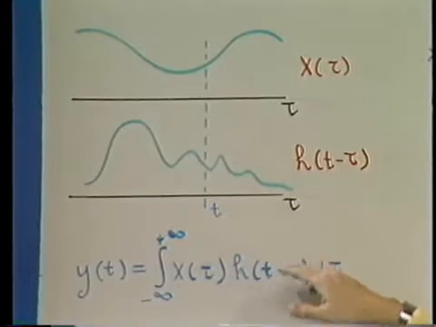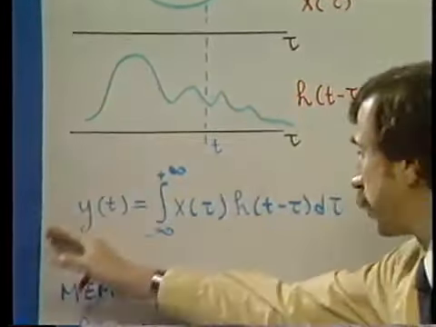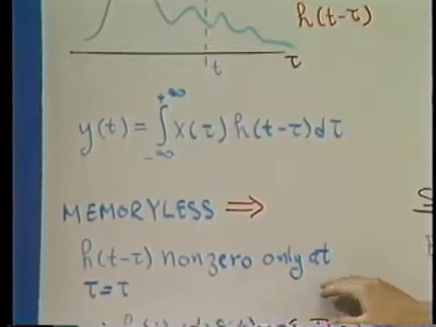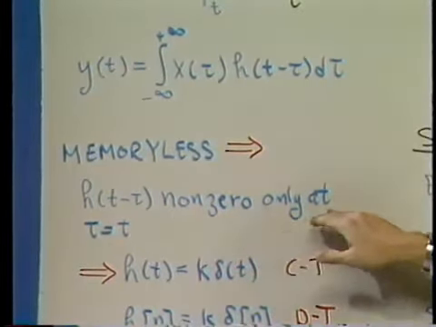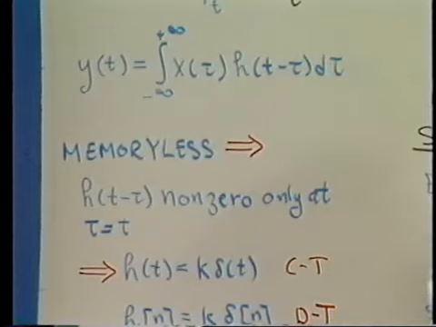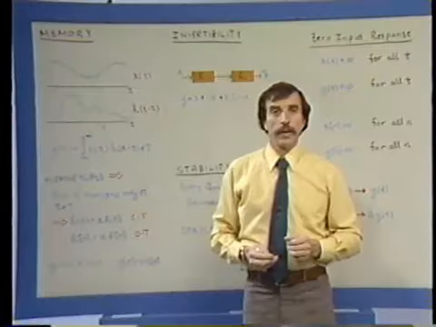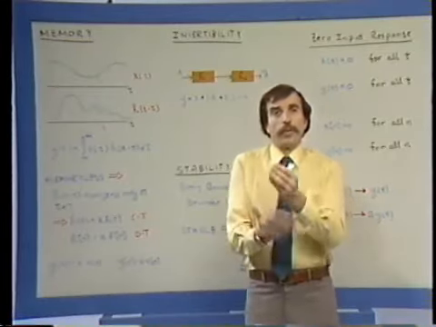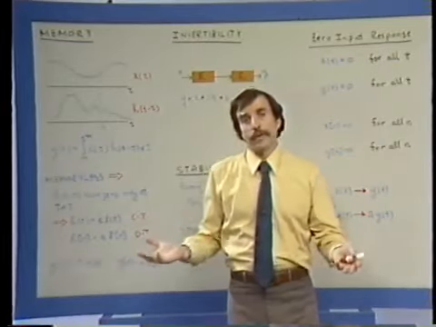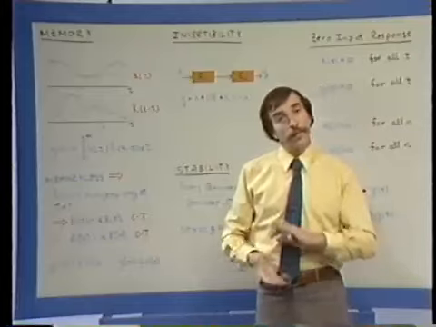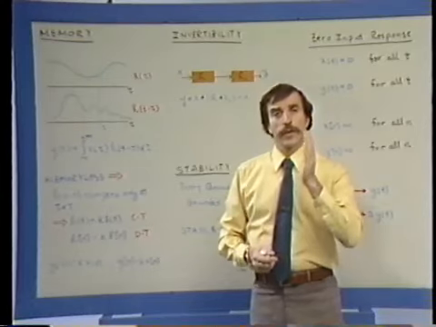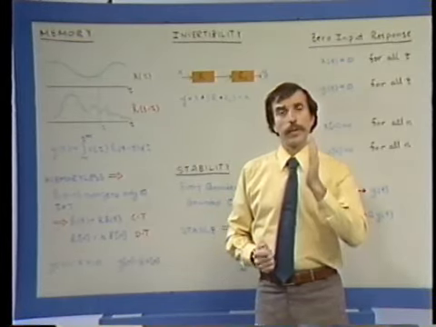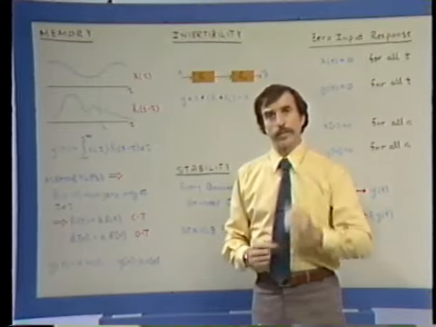And so the implication then is that for the system to be memoryless, what we require is that h of t minus tau be non-zero only at tau equals t. So we want the impulse response to be non-zero at only one point. We want it to contribute something after we multiply and go through an integral. And in effect, what that says is the only thing that it can be and meet all those conditions is a scaled impulse. So if the system is to be memoryless, then that requires that the impulse response be a scaled impulse.